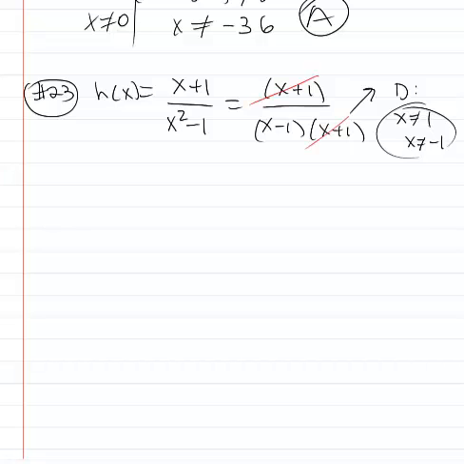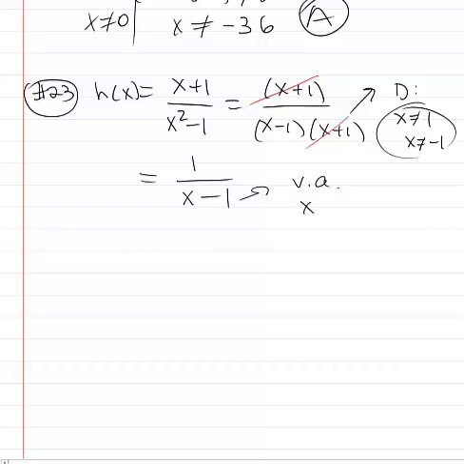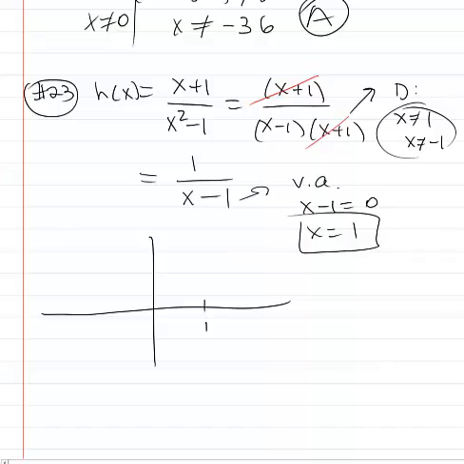So basically, the only thing you're looking at is this. It has a vertical asymptote when the denominator equals 0 in simplified form. So this is it: x equals 1. On the graph where you have 1, you're going to have a vertical asymptote.